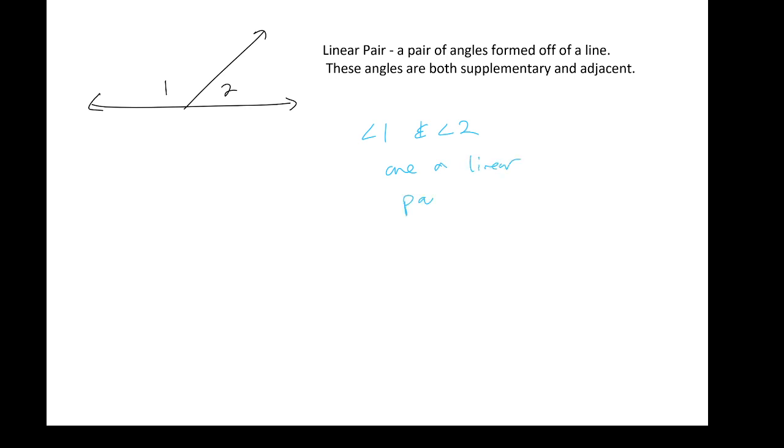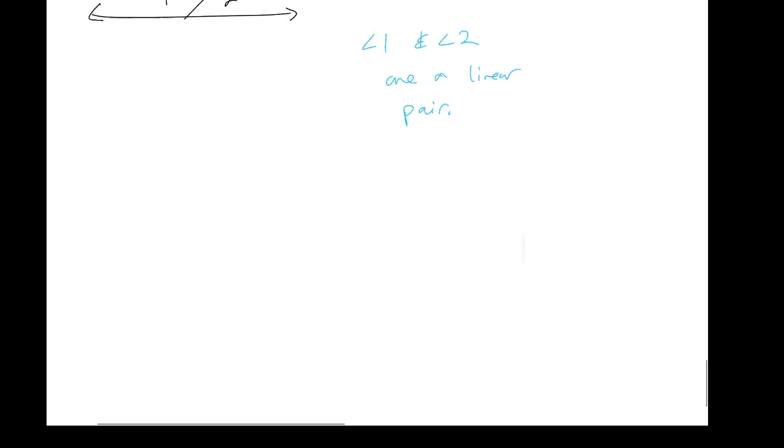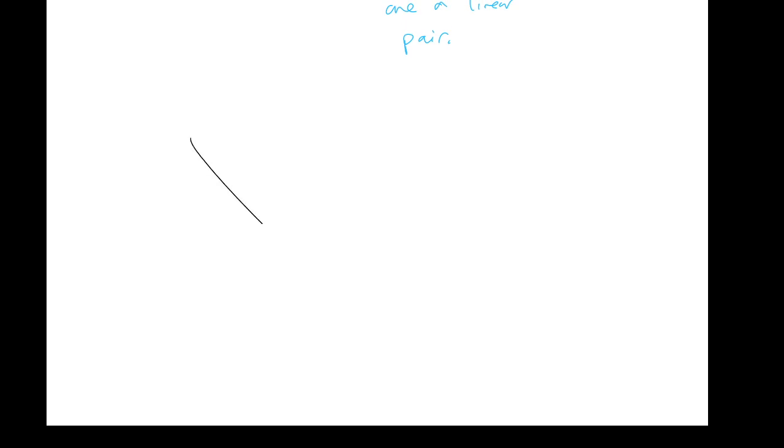The reason that they're supplementary is because they are a linear pair. And the reason that they have a sum of 180 degrees, therefore, is because they are supplementary. See what I did there logically? Okay, it's important to find these guys, that 1 and 2 are a linear pair. That's what makes them supplementary, and because they're supplementary, that's what gives them the sum of 180 degrees when we add the two together.